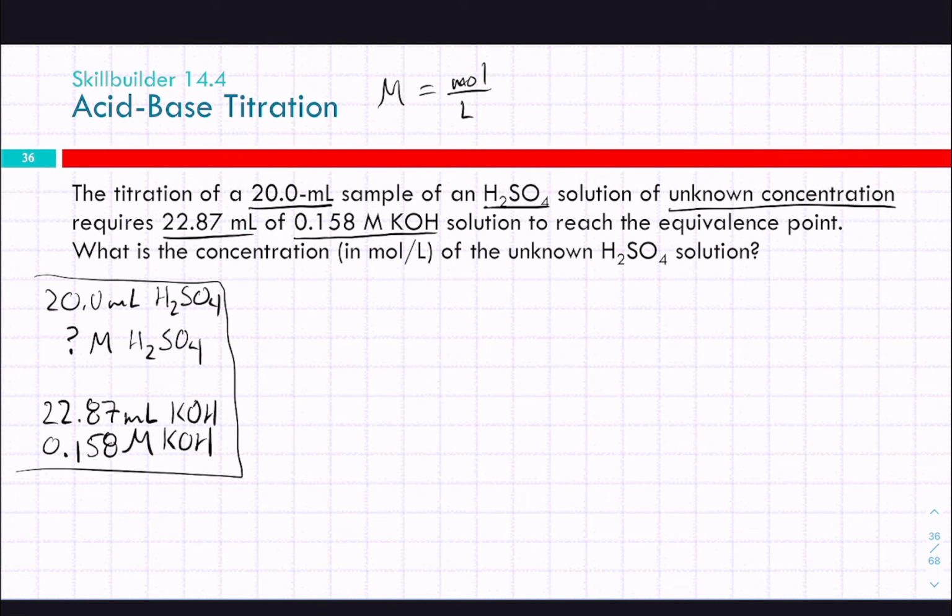So if we just think about this in terms of hydrogens and hydroxides, neutralizing them, how many hydroxide molecules did we use?